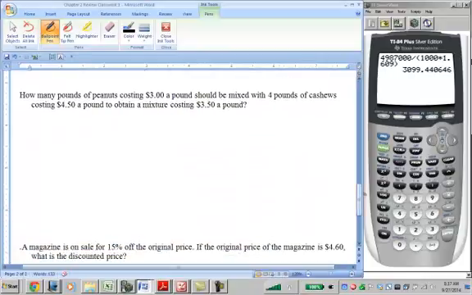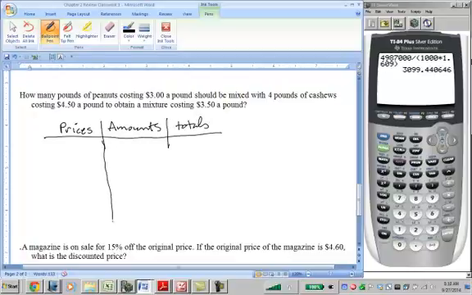All right, how many pounds of peanuts costing $3 a pound should be mixed with 4 pounds of cashews, costing $4.50 a pound to obtain a mixture costing $3.50 a pound. Okay, so we're going to have prices and amounts and totals.